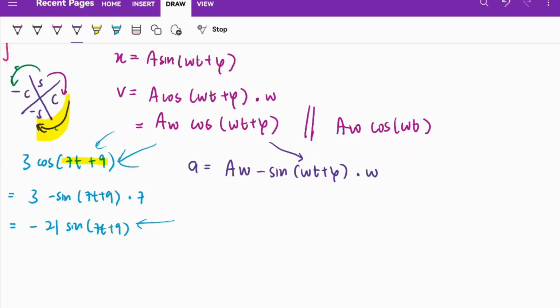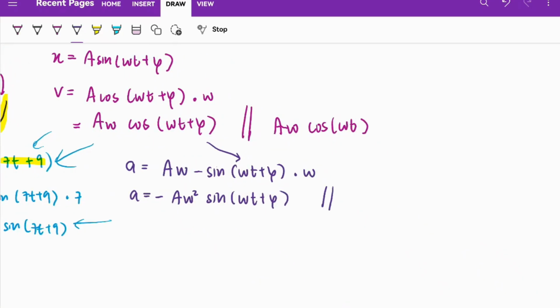So a is negative a omega square sine omega t plus phi, or negative a omega square sine omega t only.